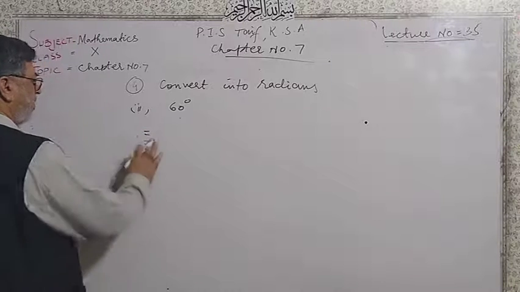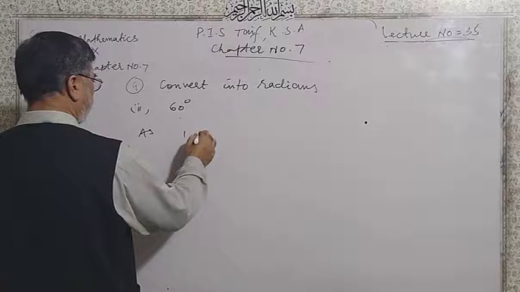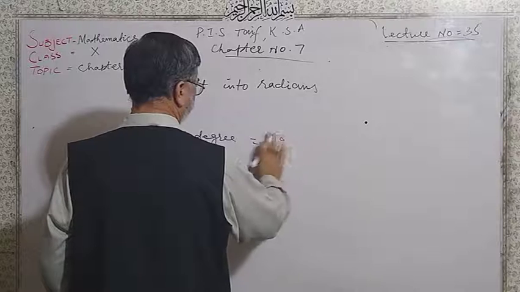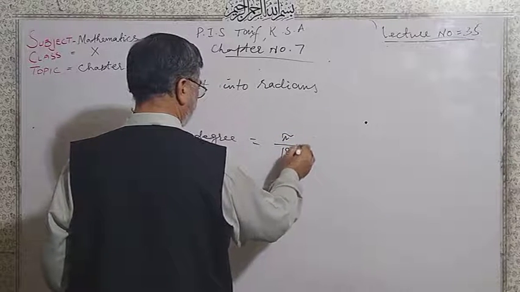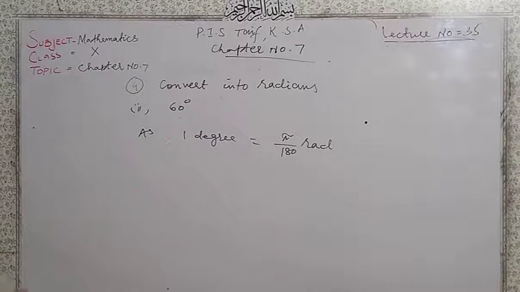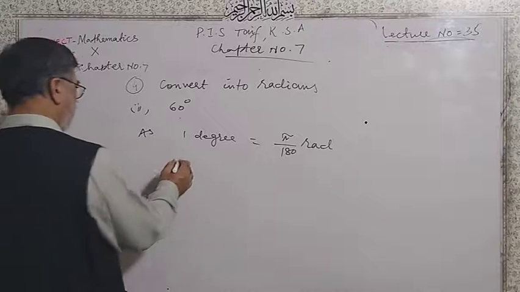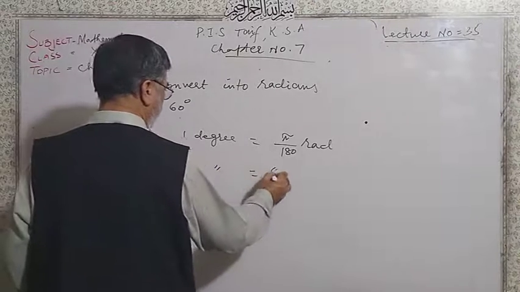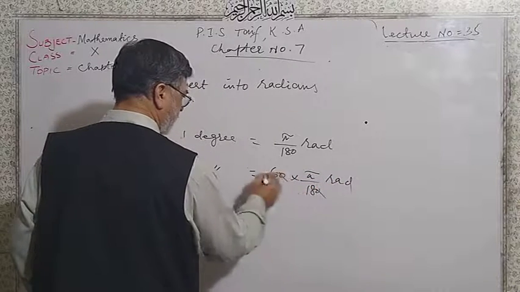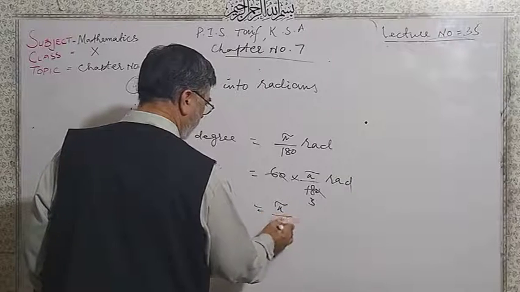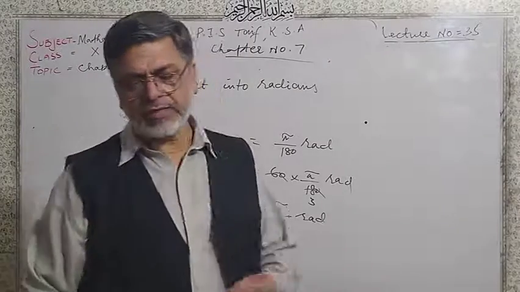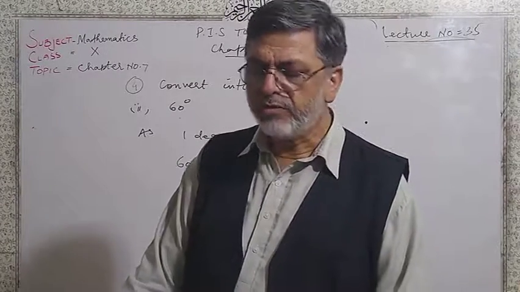You know that 1 degree is equal to pi over 180 radians. So multiplied by 60, 60 into pi over 180 radians. The zeros cancel, and 6 into 3 is 18, so we have pi over 3 radians. So dear students, this is the way you will convert degrees into radians.